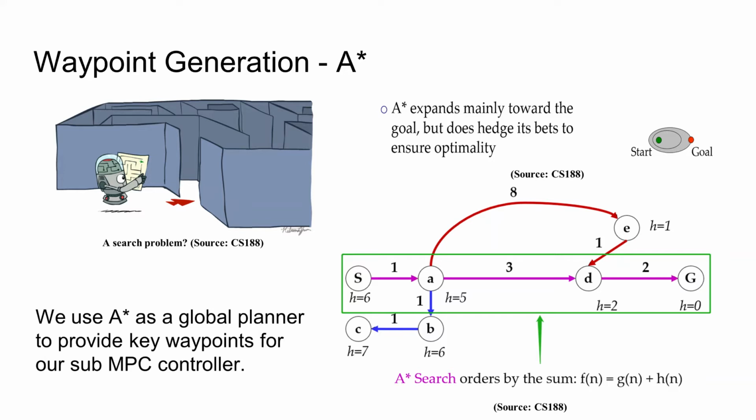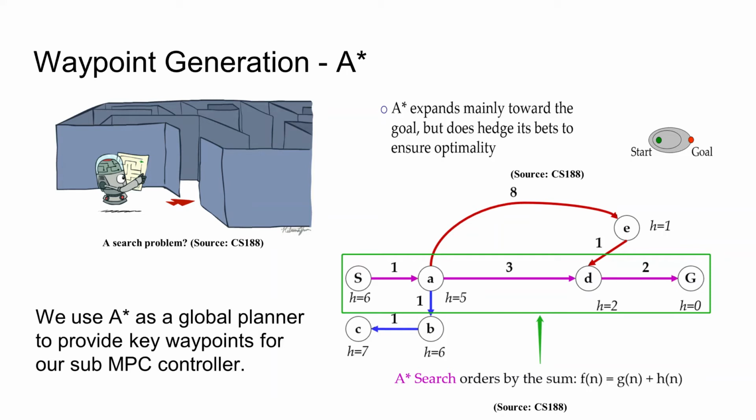It combines uniform cost search and greedy search. To ensure its optimality, it uses a function known as the heuristic function to evaluate the cost of each possible path. The priority of nodes is ordered by the function f(n) equals g(n) plus h(n), where g(n) represents the path cost or backward cost, and h(n) represents the goal proximity or forward cost.